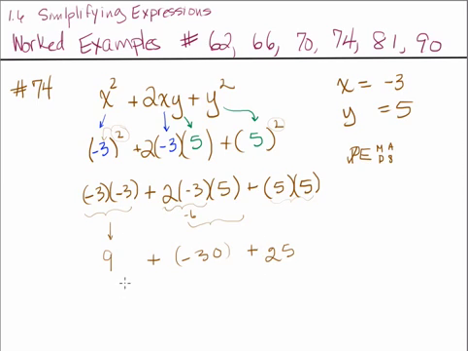All that's left now is addition. I could rewrite this as 9 minus 30 plus 25, and there's certainly no harm in doing that. But I can also think of it in terms of 9 plus -30. Either way, you should get 9 minus 30 is -21 plus 25, and that equals 4.